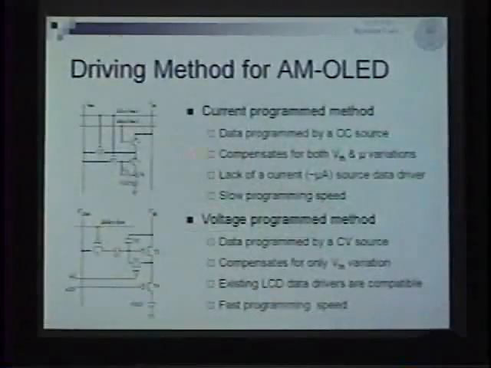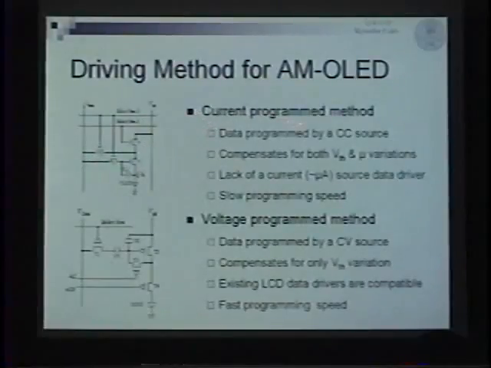Next, please. These are the pixel circuits for the current program method and the voltage program method. You can see 4 transistors and 1 capacitor for the current program circuit, and 2 capacitors for the voltage program. The difference is the programming method.